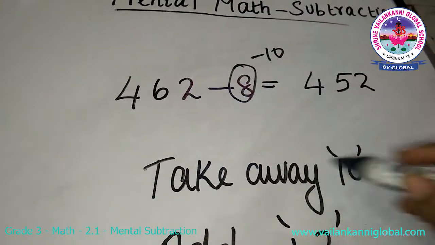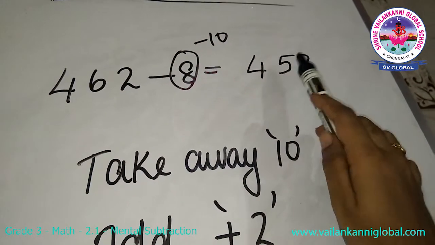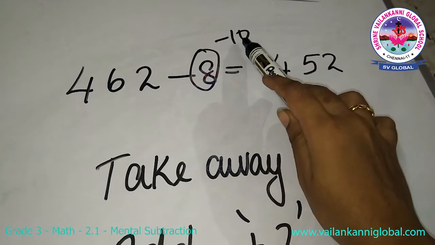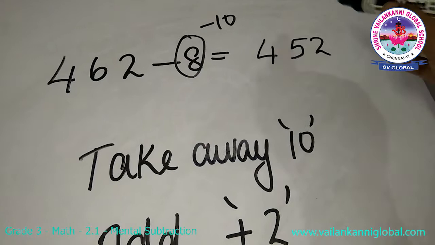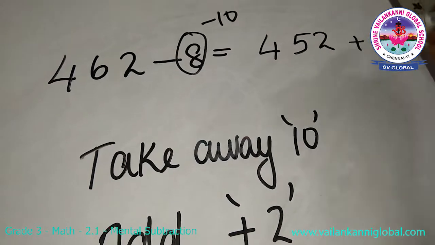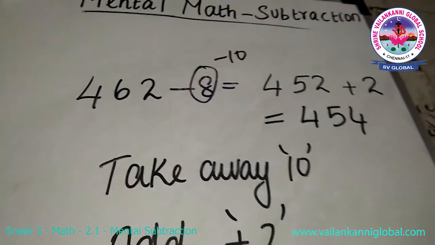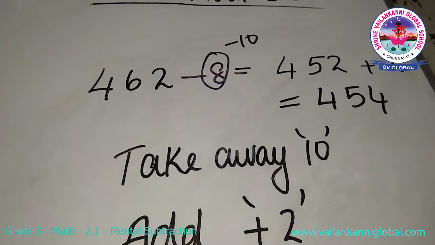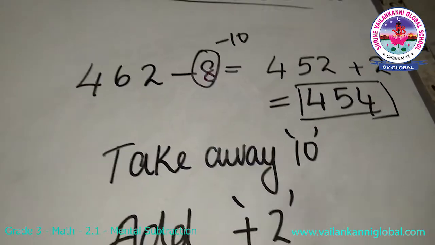I told you we have to subtract only 8, but we have subtracted 2 extra from it. So we are going to add that 2 back. So 452 plus 2 becomes 454.